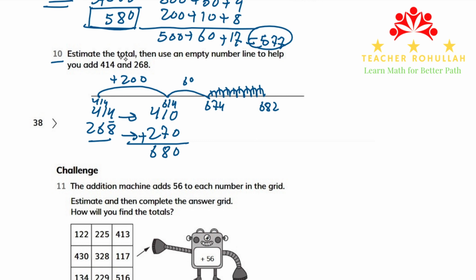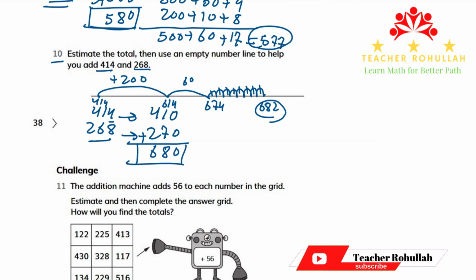Means the sum of 414 and 268 is equal to 682, which is close to the estimated answer as well. Well, we are done with question number 10 also. Let's scroll down to move to question number 11.